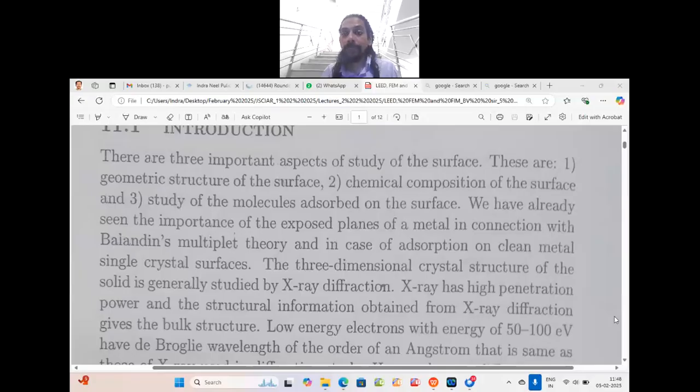As XRD is vital for the determination of the bulk structure, XPS, electron spectroscopy, is vital for the characterization of solids.